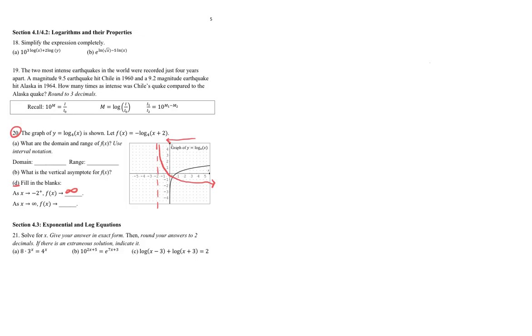And then as x approaches infinity, our f of x is approaching negative infinity. You can see it's kind of going down this way towards the negative infinities. Okay, great.